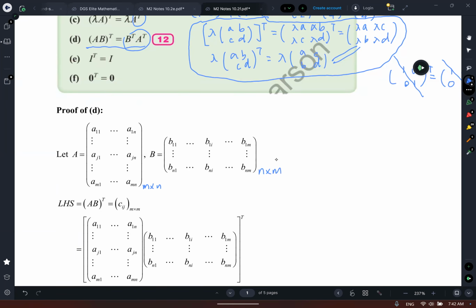Now, the left-hand side is A times B and then transpose. I will assume that this ends up being a matrix of size M by M, because M times N times N times M gives you M times M. So the outcome is M times M.